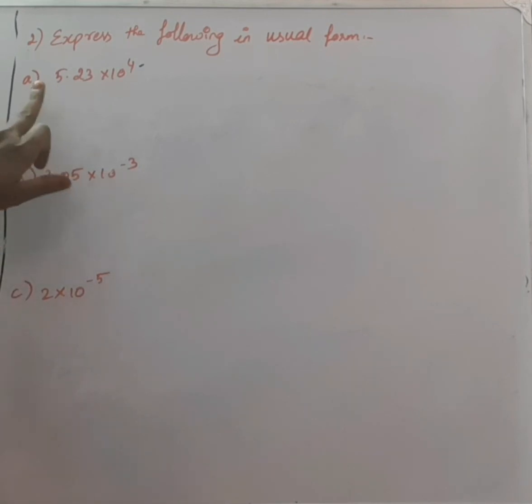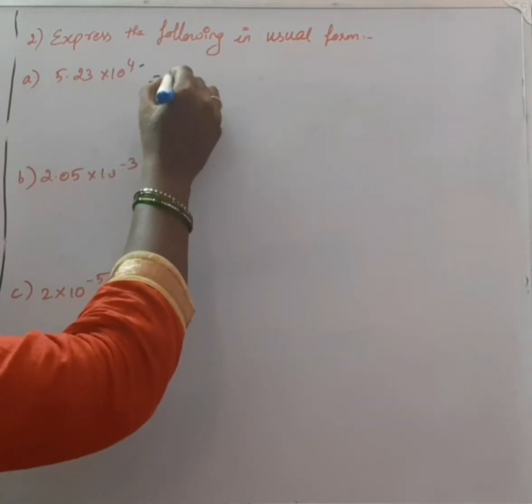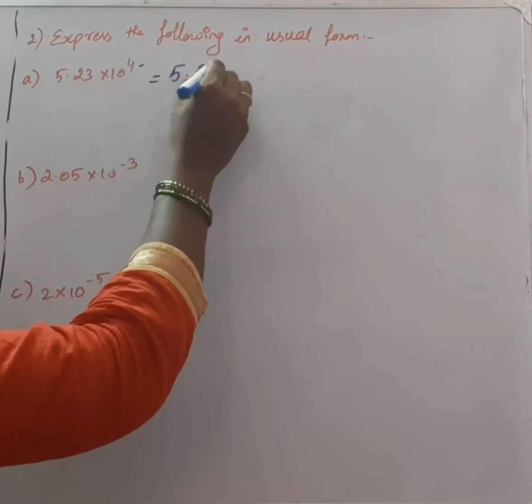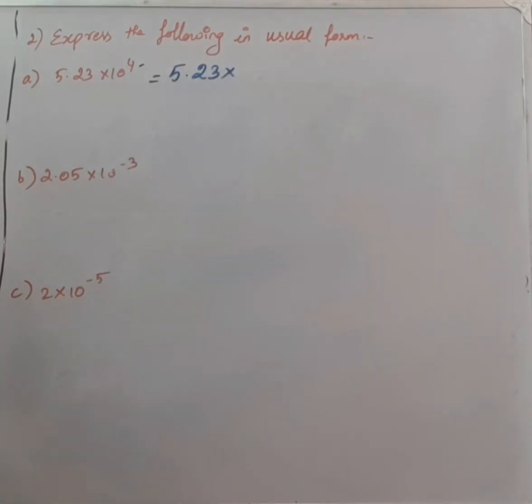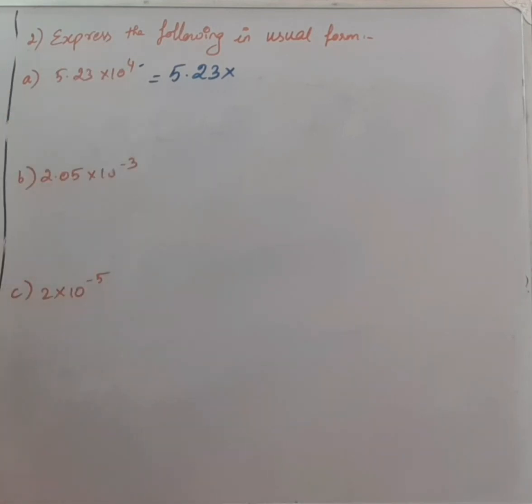How many digits do we have in the integral part? Only 1. After that we have 2 decimal places. So 10 power 4 means what? How many zeros do we have in 10 power 4? Whatever the number is, that number of zeros we have.